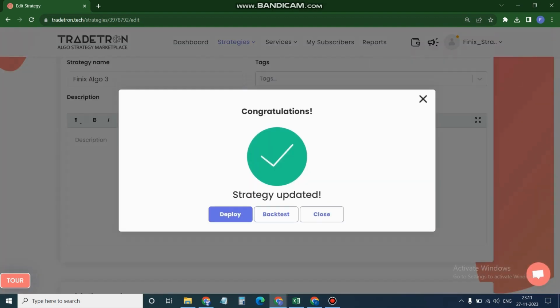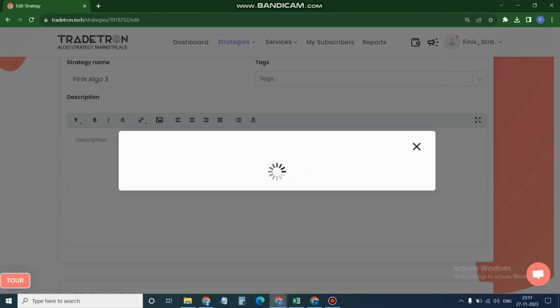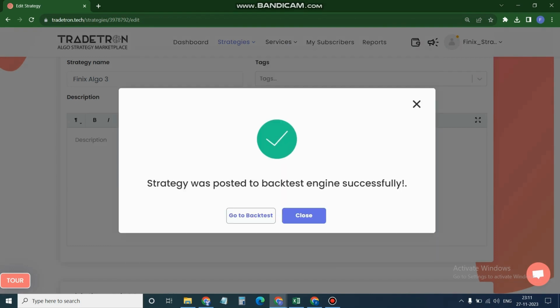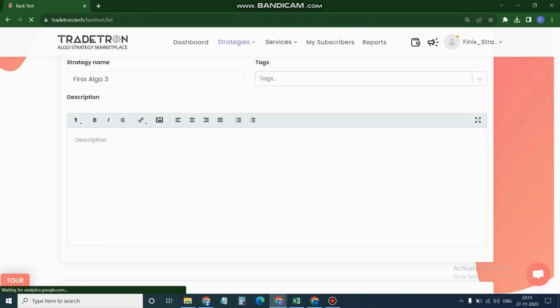Let me update this. I will go to backtest, because I have to show you live, not any other thing. So okay, go to backtest. It will take some 1 minute to 3 minutes to do the backtest.